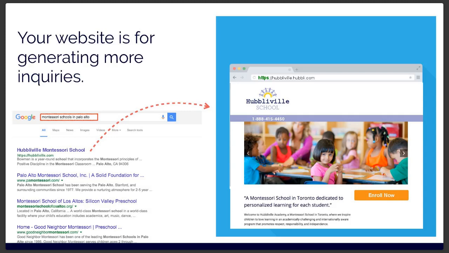It would be of no value to put your billboard about your school on a street where nobody drives. This, of course, is painfully obvious. Well, the same thing goes for search engine marketing. People searching for keywords that relate to your school is like people driving on streets where you would have your billboard.